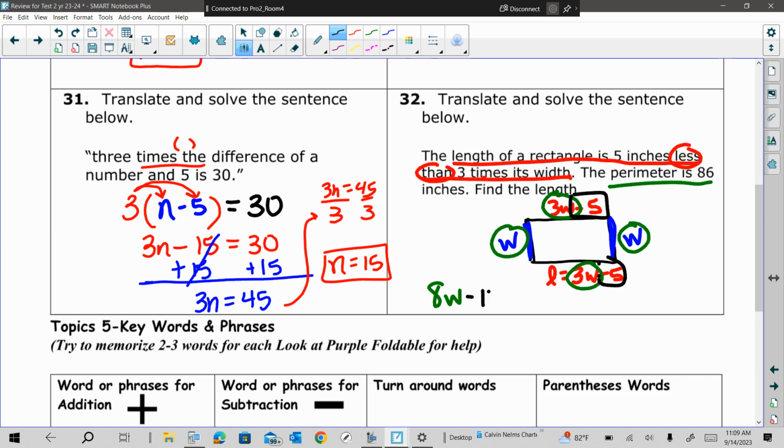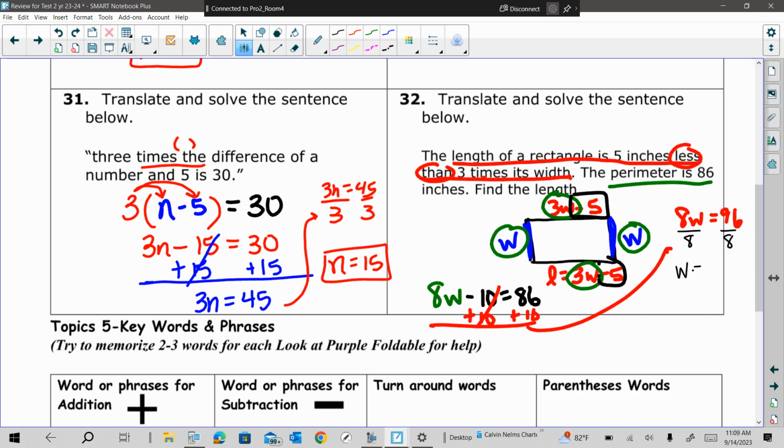So 8W minus 10 is going to equal 86. That's our perimeter. So we're going to solve for the width by adding 10 on both sides. 8W equals 96. Okay. So then we just need to divide by 8.